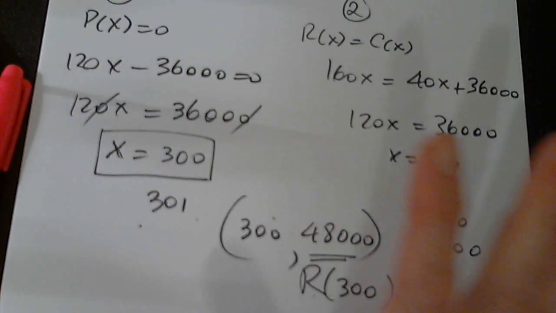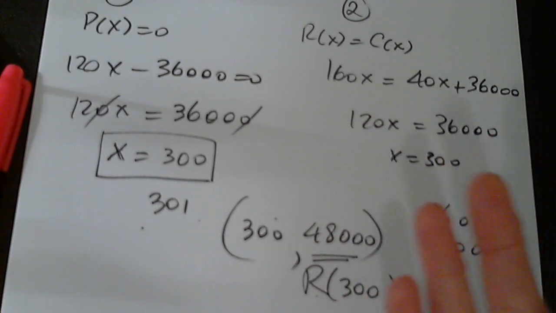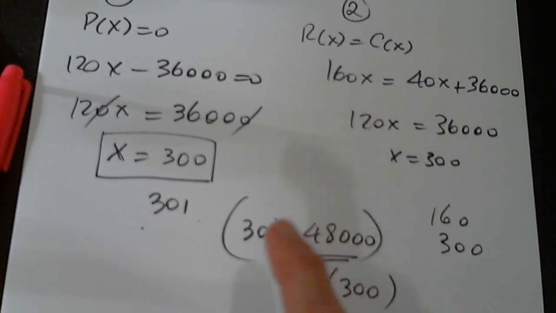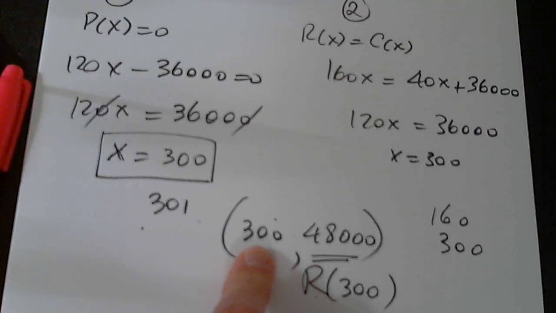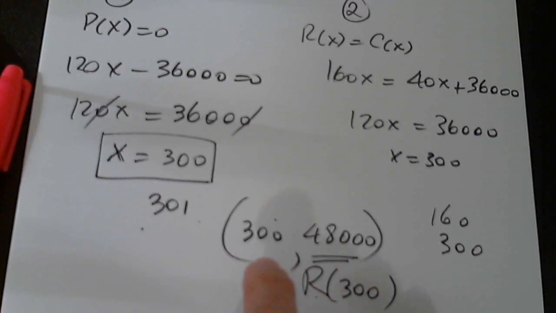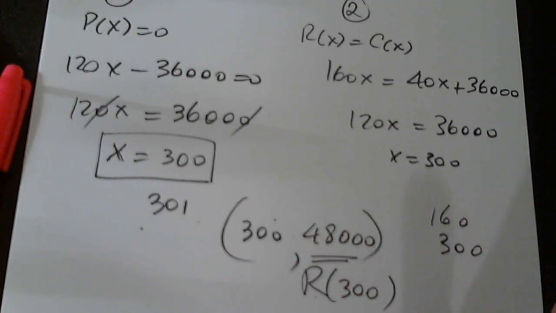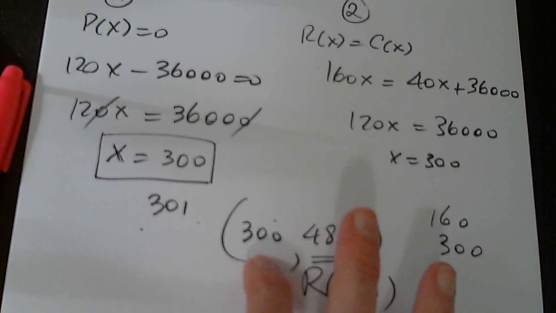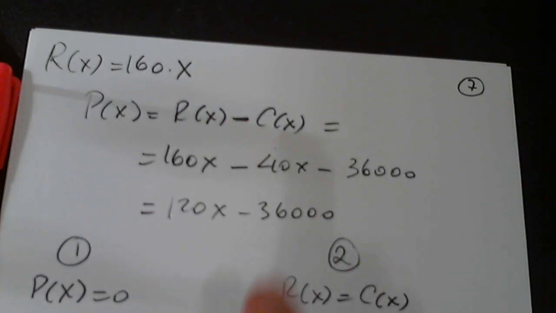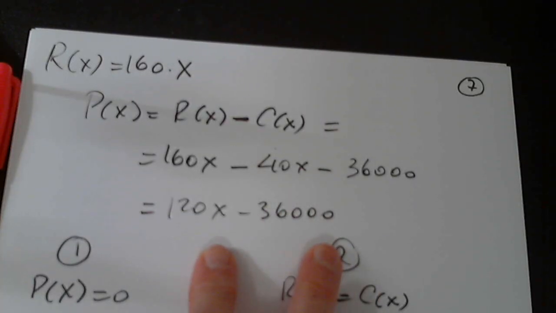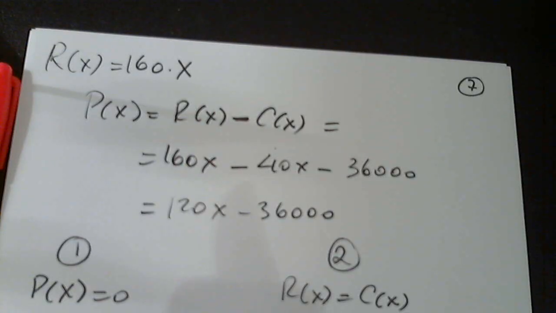So the break-even point, what is the explanation again? This is the minimum number of units that have to be manufactured and sold, so that from that moment on, moving up, from there, 301, 302, the company makes profit. Only at this level, the costs are fully covered by the money coming in, by the revenue.